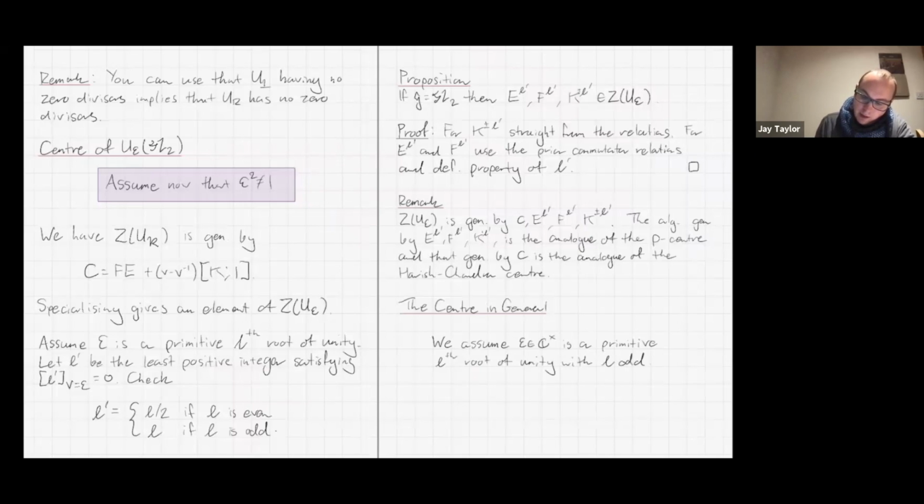The l odd case was worked out by De Concini, Kac, and Procesi, and there are also analogous statements when l is even, which are due to Beck.